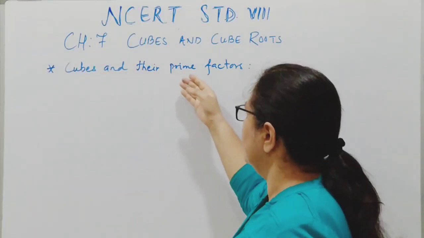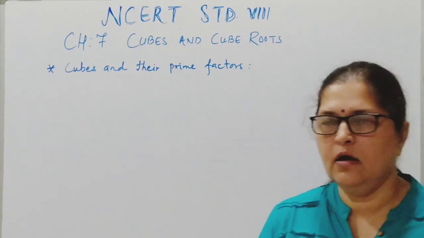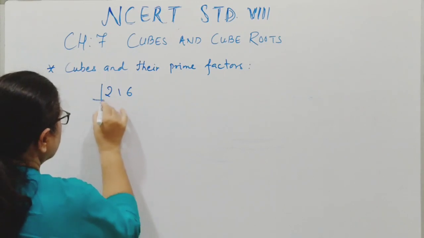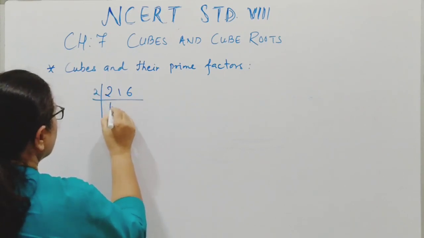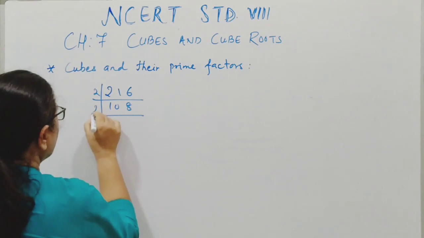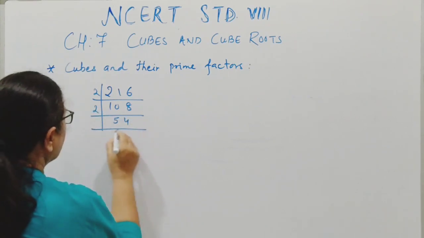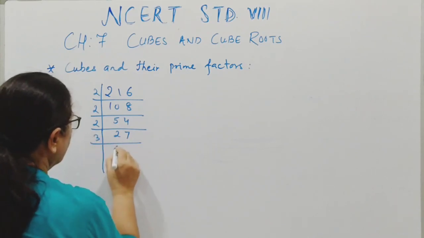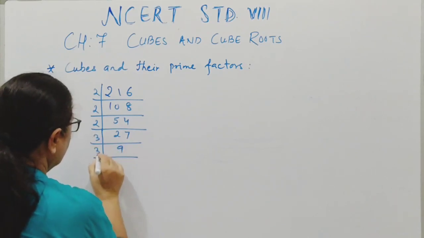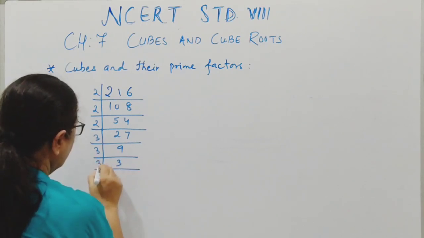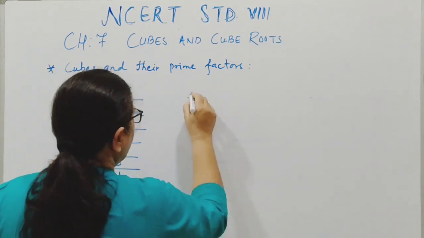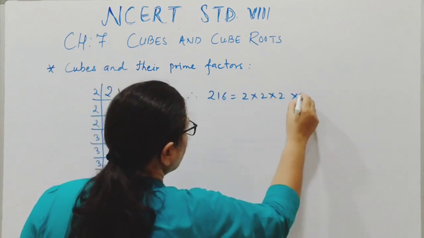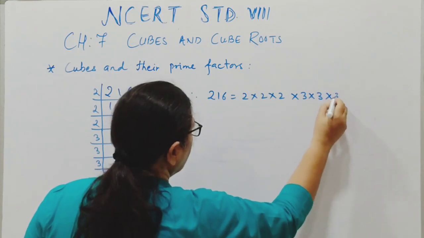Next, cubes and their prime factors. Let us take a number here and factorize it. Therefore, 216 is equal to 2 into 2 into 2 into 3 into 3 into 3.